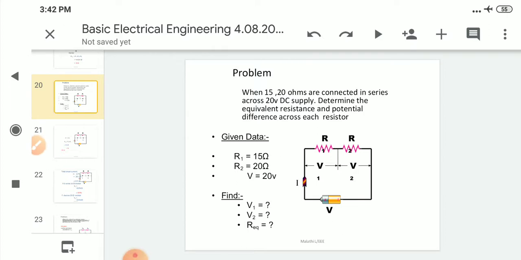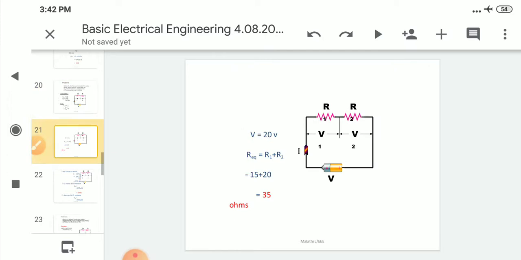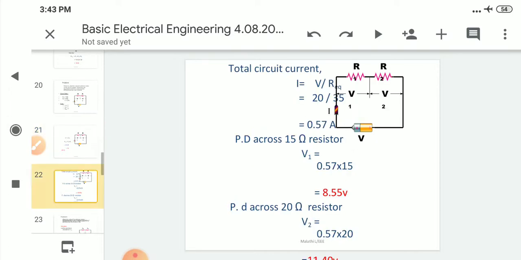The question is to find the value of V1, V2 and R equivalent. Just read this question one more time. When 15 ohms, 20 ohms resistances are connected in series across a 20 volt DC supply, determine the equivalent resistance and potential difference across each resistance. Here V is equal to 20 volts. R equivalent is equal to R1 plus R2, which is 15 plus 20, is 35 ohms.